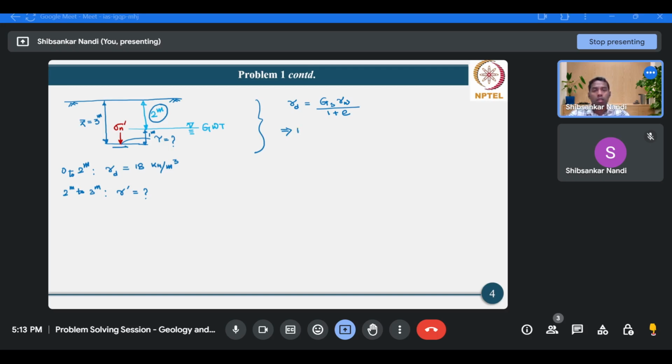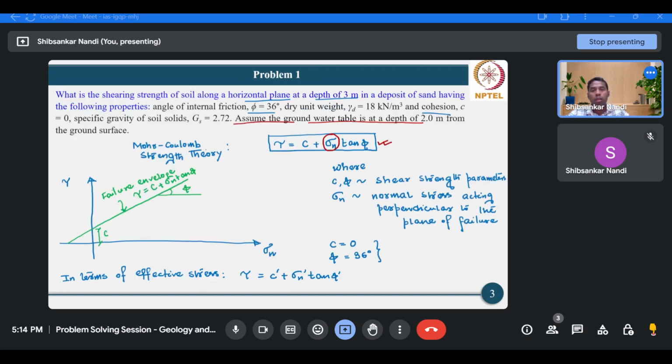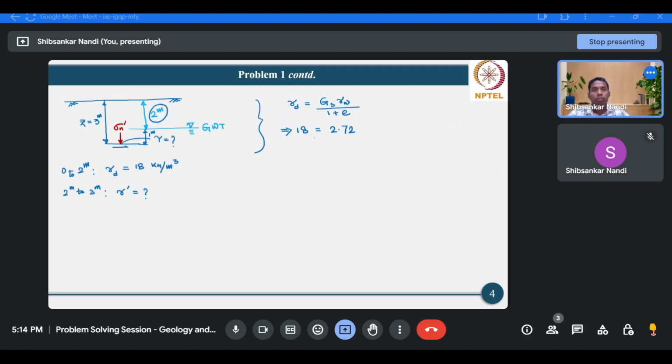So it's 18, Gs value is 2.72, okay, so this is the value of Gs. Gamma w we can consider as 10 kilonewton per meter cube divided by 1 plus e.